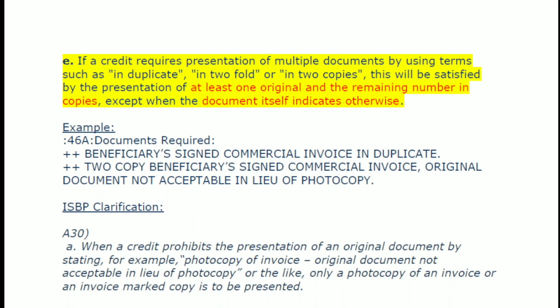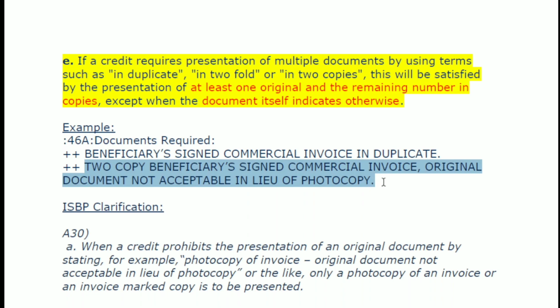Now I'll explain the last line of clause E highlighted in red, that is, except when the document itself indicates otherwise. What is the meaning? Just refer to point number 2 of LC clause 46A.